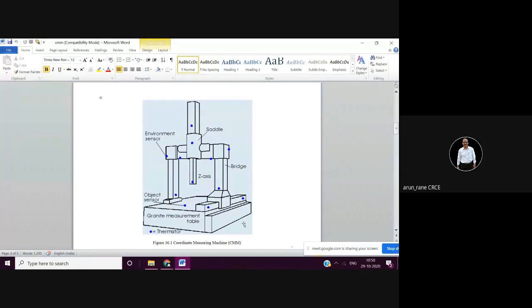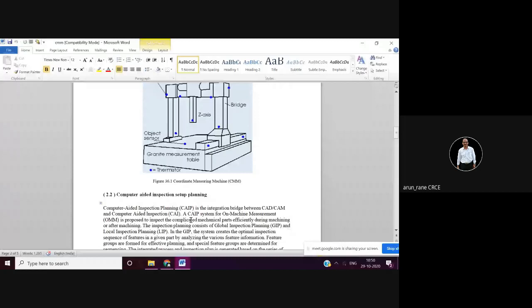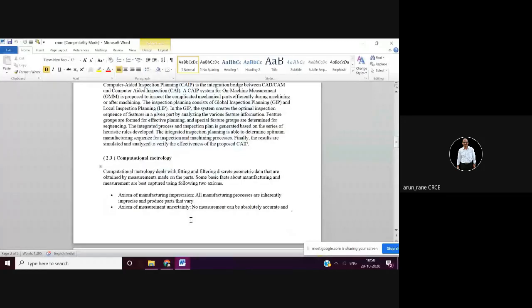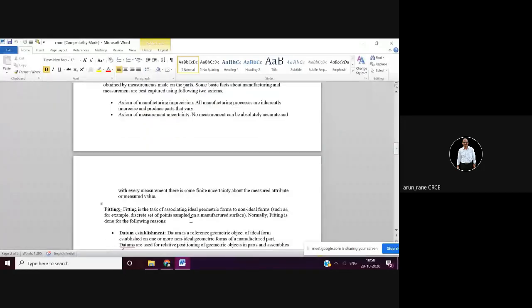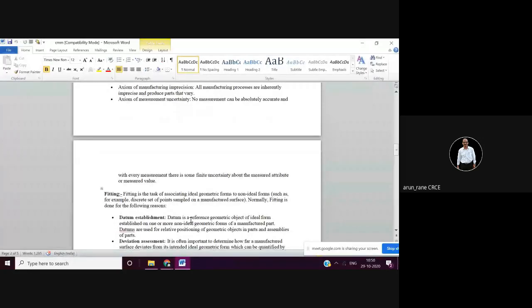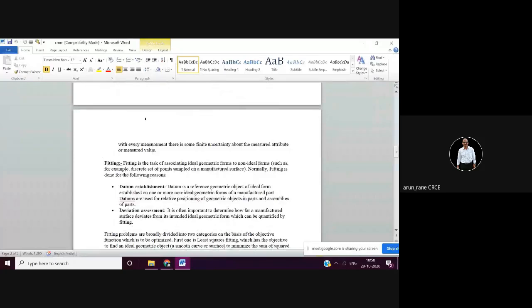There will definitely be variations. So it is also called computational metrology. This CMM will give different reports, that is how the datum should be established.